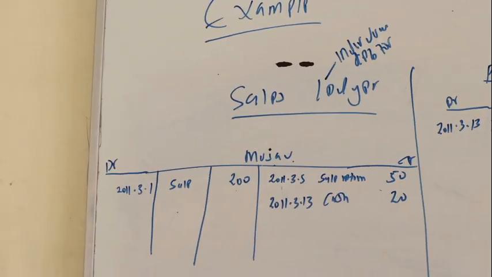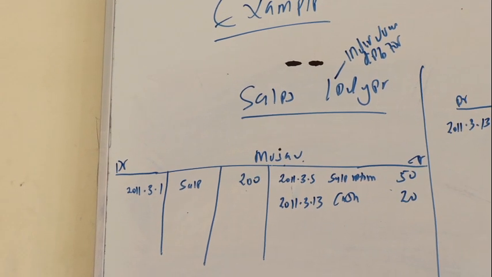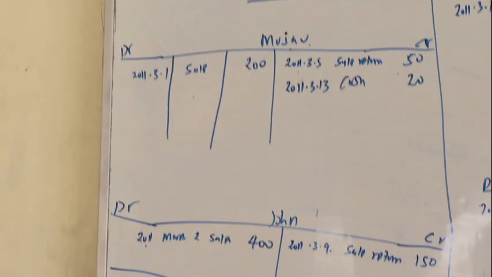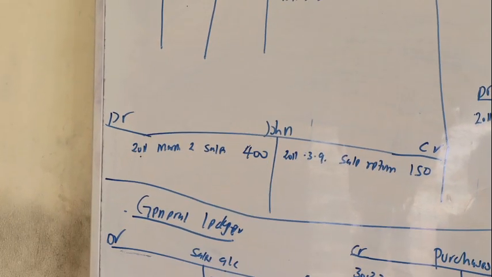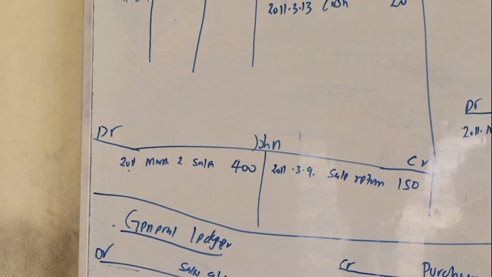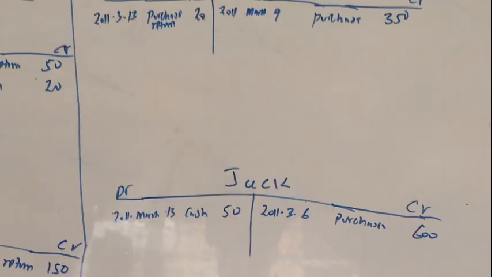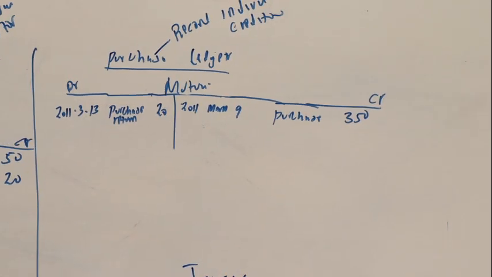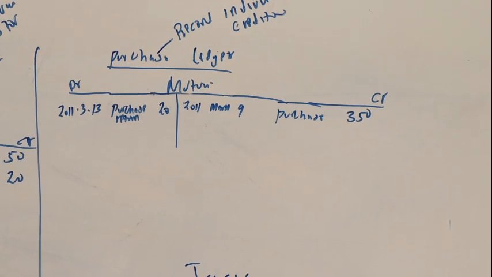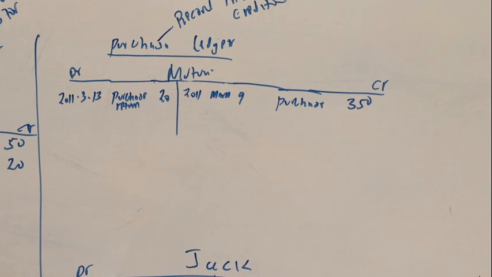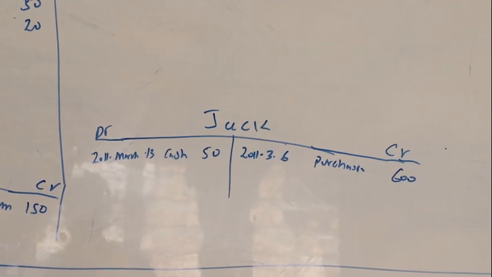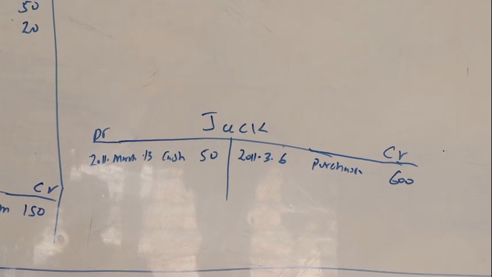Musau, remember the account must have date, details, and amount. After Musau, we have John. That's the record of John. Then we go to purchase ledger, where we have Mutua, record zake, and we have Jack. Those are the creditors we have.